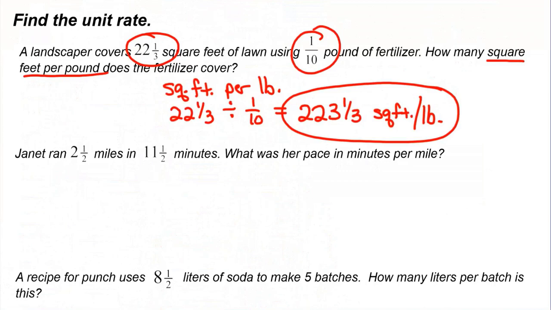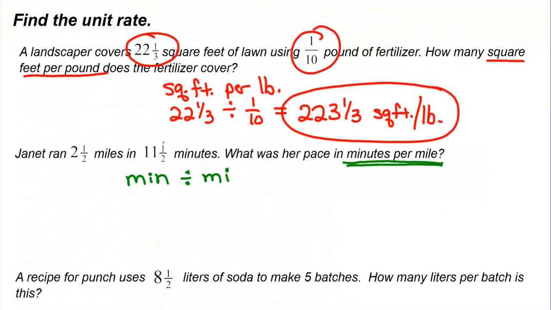Next, Janet ran 2.5 miles in 11.5 minutes. What was her pace in minutes per mile? Sorry, minutes per mile is the unit rate that I'm looking for. So I'm going to let the words set this problem up for me. Minutes divided by miles will tell me minutes per mile.